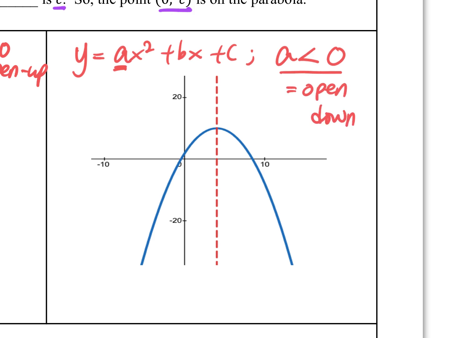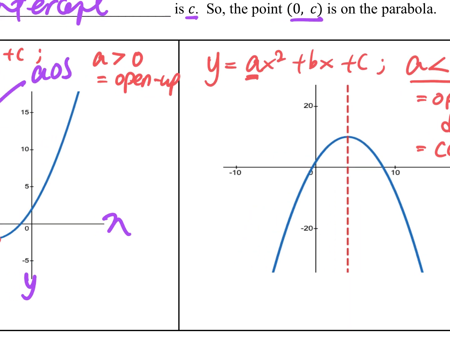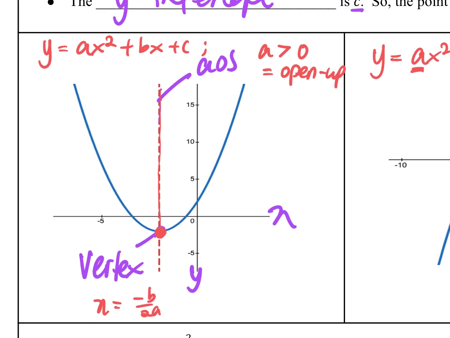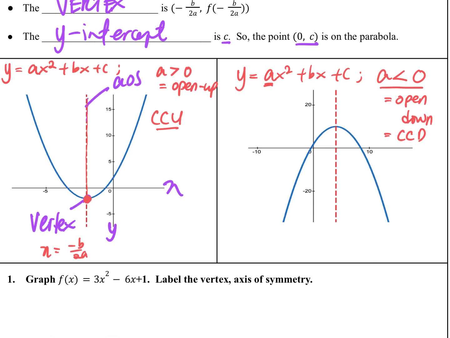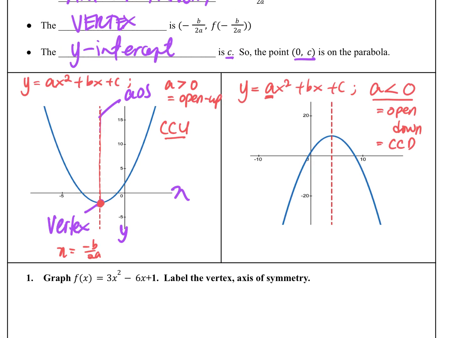Another term that we can use here is concave down. And the one opening up is what you call concave up. So this is the focus of our study in this video.